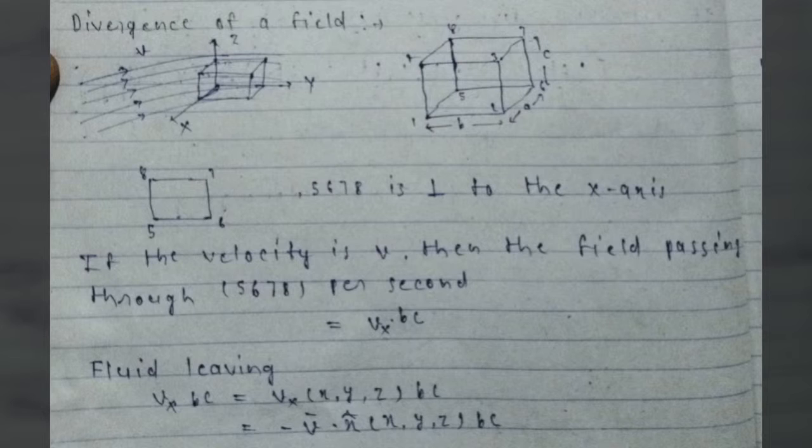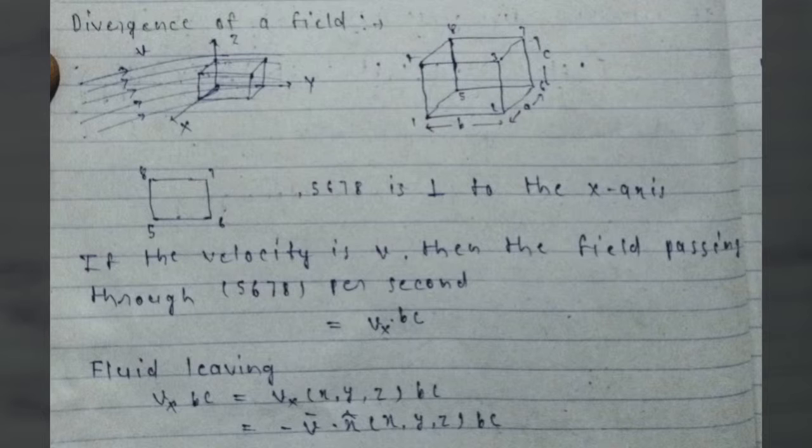So, fluid passing through this is going to be Vx times the area. Area is going to be B times C. This is a fluid passing through it.